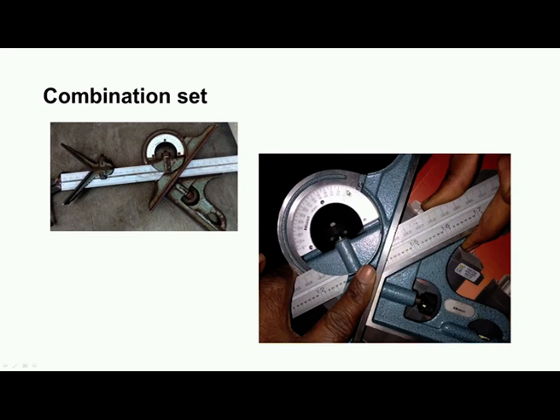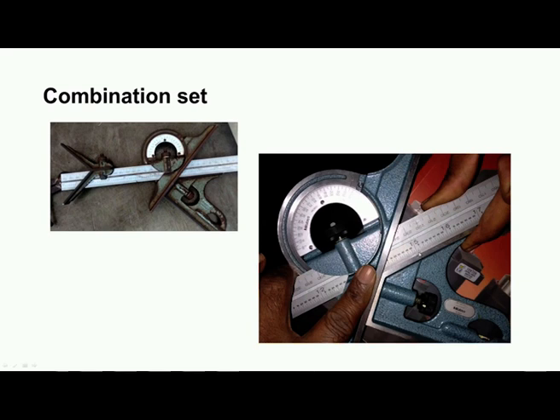Then what is the reading of the protractor? This 0 is a reference, and the angle indicated by the protractor indicates the inclination. In this particular case, it is showing 45 degrees. That means the angle between this particular surface and this particular surface is 45 degrees.